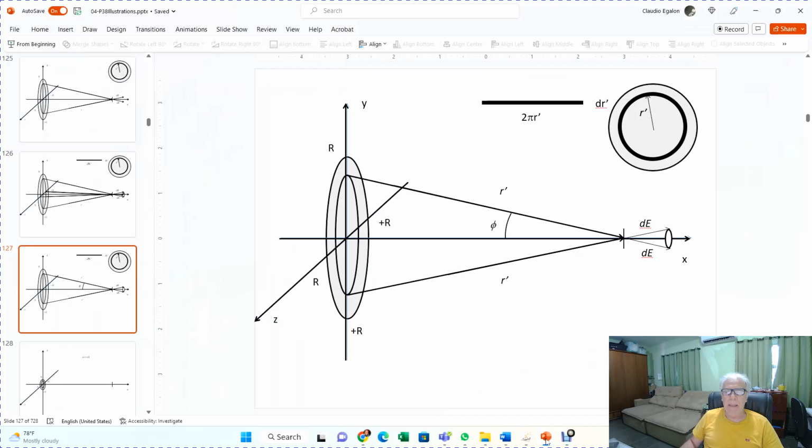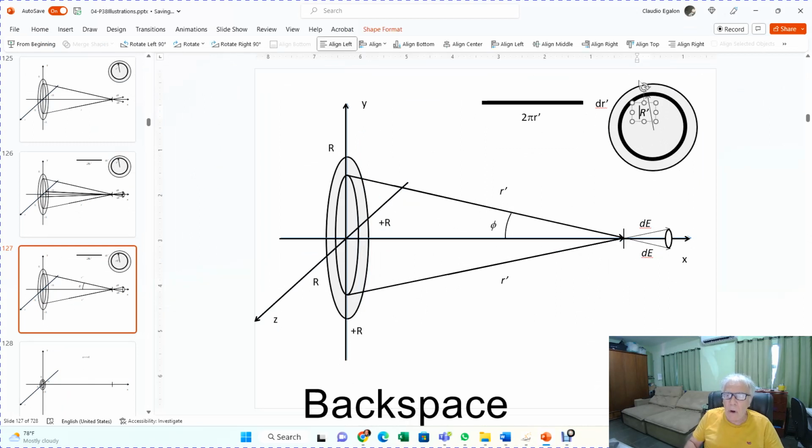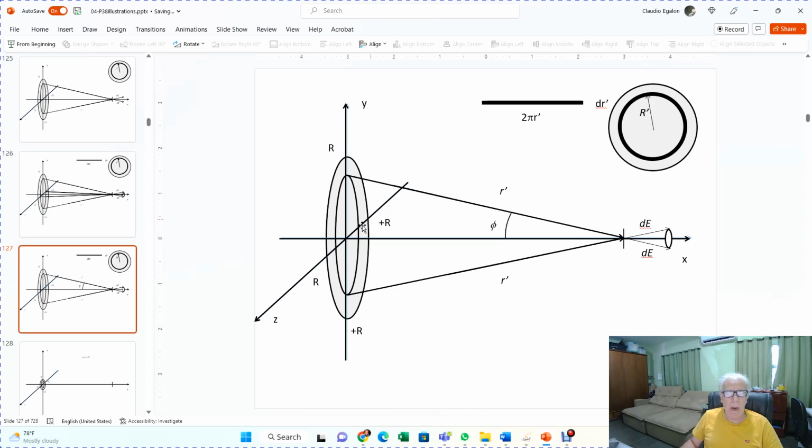Wait a minute. It should be big R prime, to distinguish it from the lowercase r prime. We have big R as the radius of the disk and big R prime as the radius of the ring.